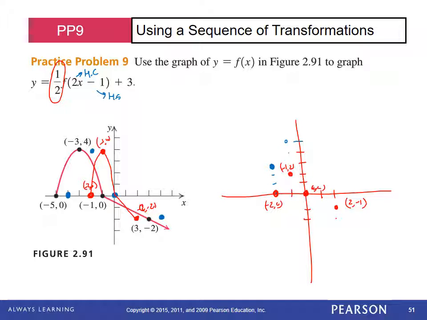Now it becomes, I guess we should label these, right? -2, 3. Label this guy here. This could be -1, 5. The 0, 0 now becomes 0, 3. And 2, -1 now becomes 2, 2. And so there it is, final graph here. I got this, and I got this as my final graph.